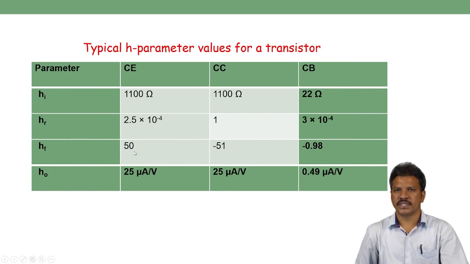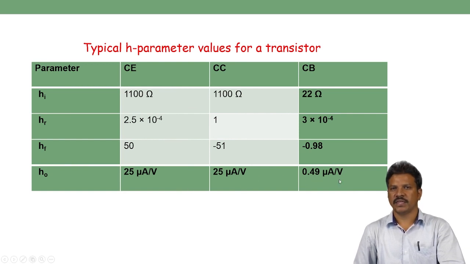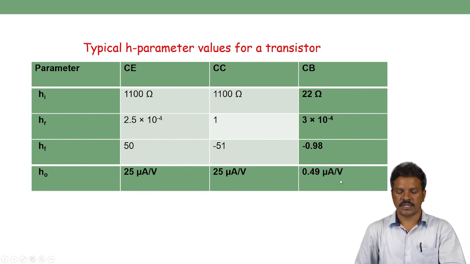HF is 50 in CE, minus 51 in CC, but in CB it is 0.95 to 0.99. HO is 25 microampere per volt in CE and CC, but in CB this admittance HO is equal to 0.49 microampere per volt.